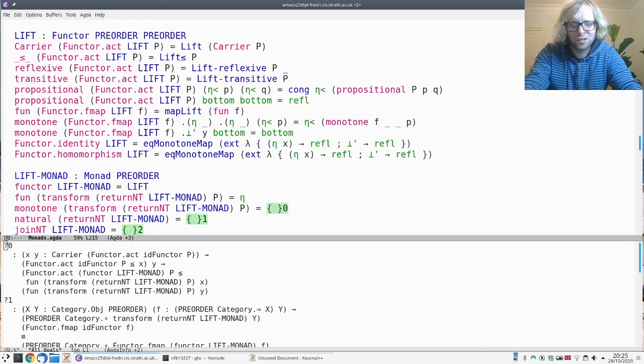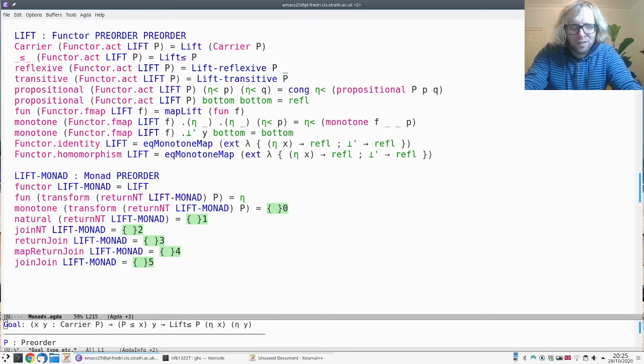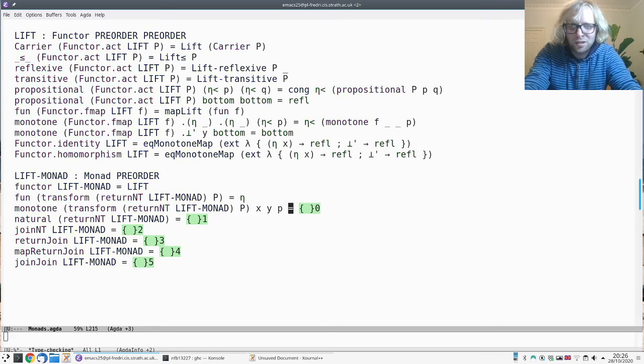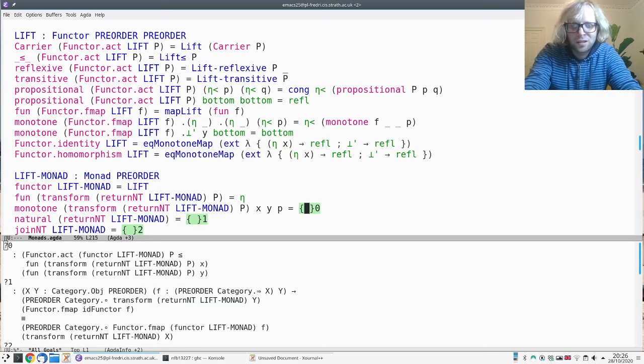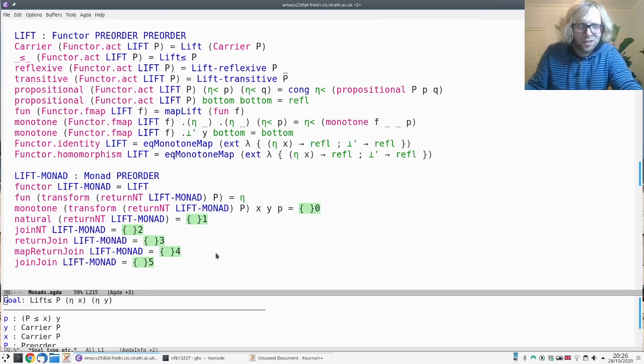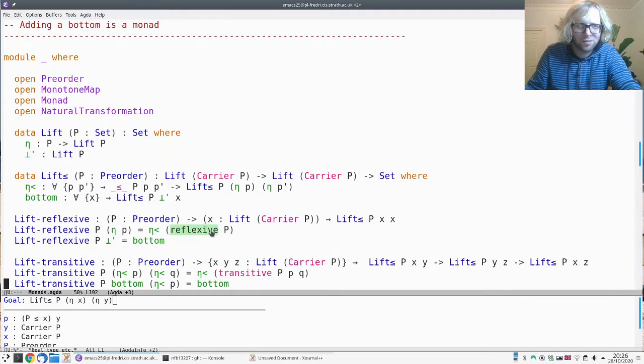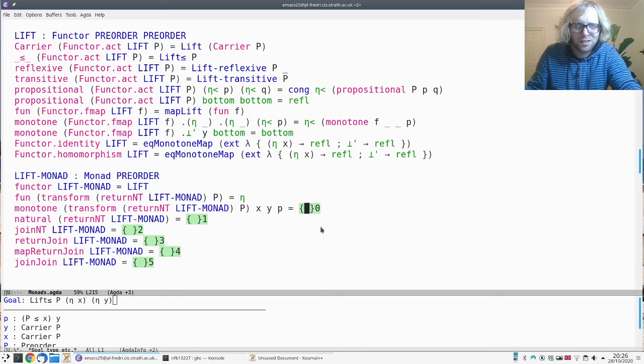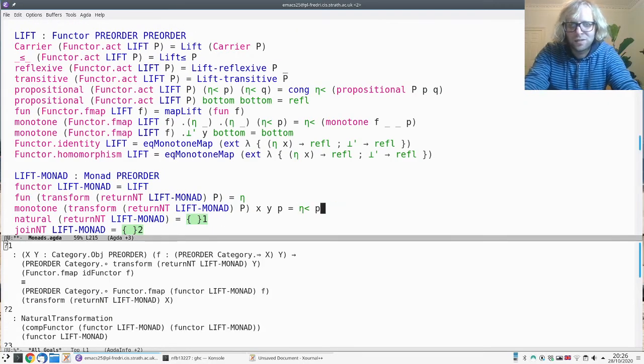And the fact that it's monotone, well, given x and y and the proof, well, we need that eta of x is smaller than eta of y. That's exactly what eta less than tells us. Right. So that was easy.